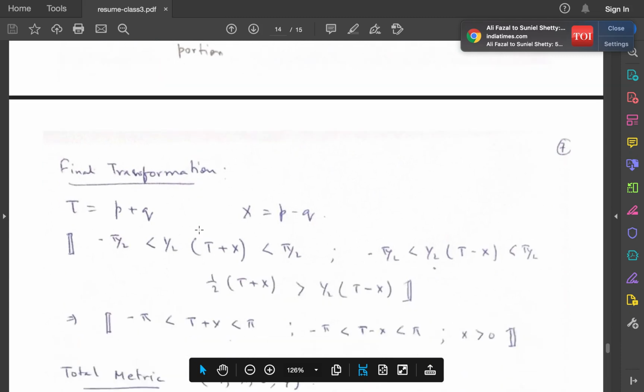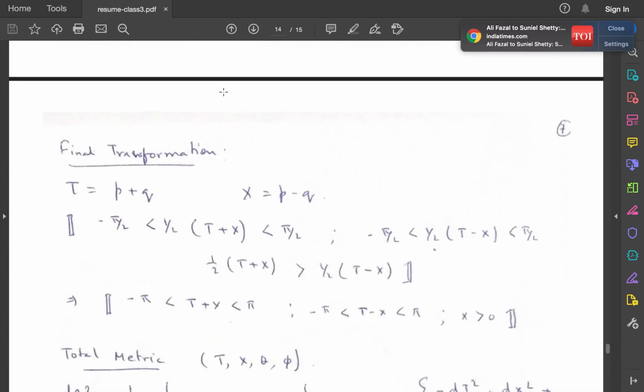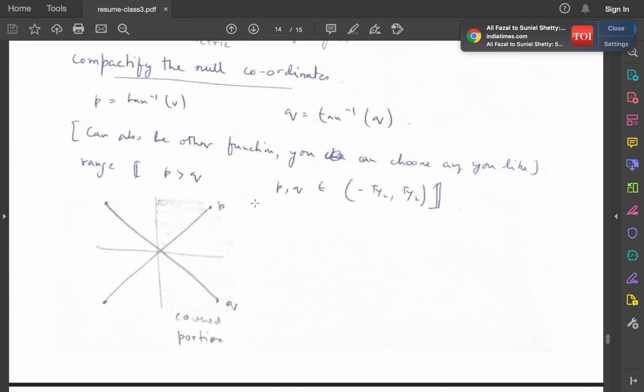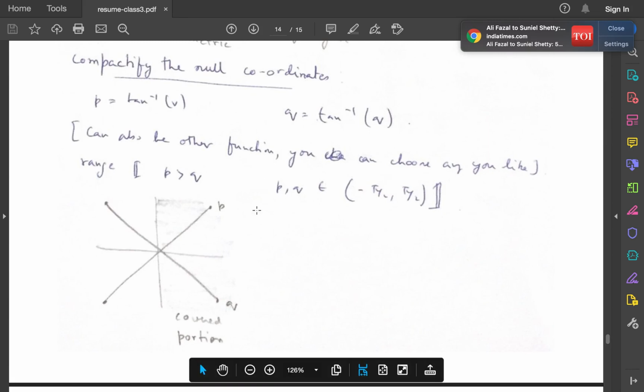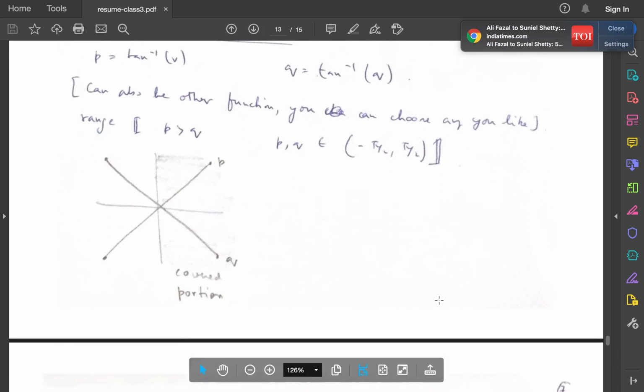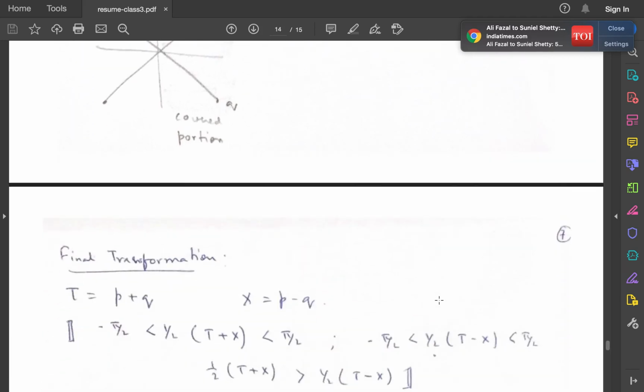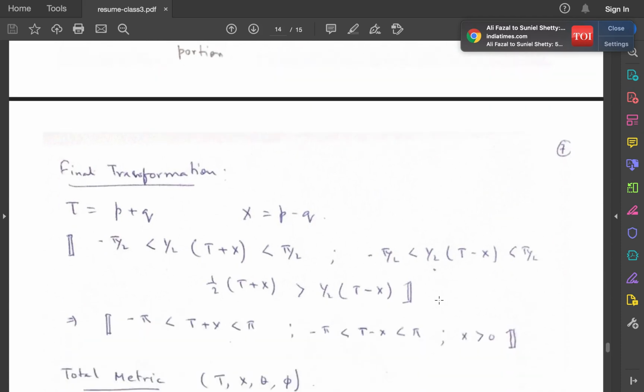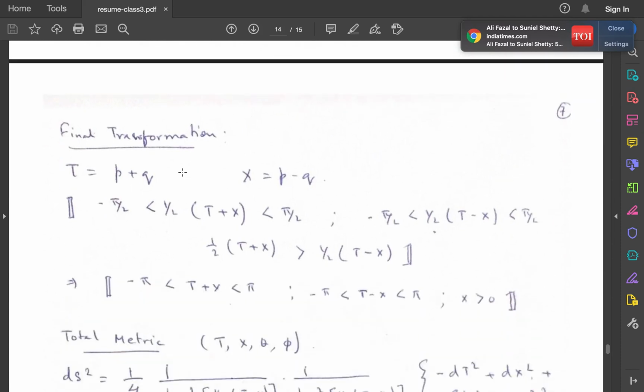We have a final transformation left, because see here, your fourth homework is writing down this metric in the coordinates p and q. If you do that, you will find that we have mixed up the temporal and spatial parts. So again, to decouple it, we make this final transformation: t equal to p plus q, and x equal to p minus q.